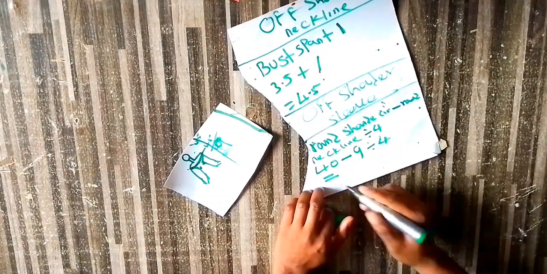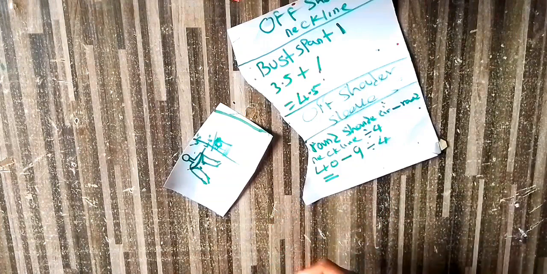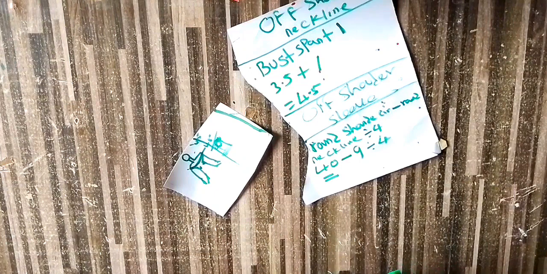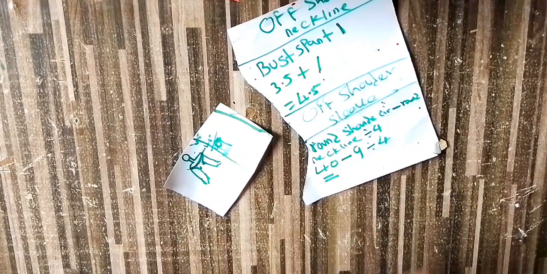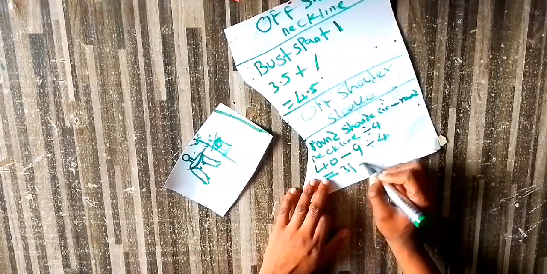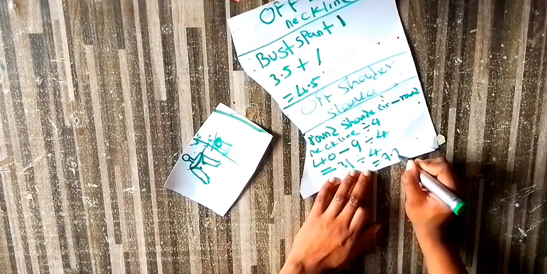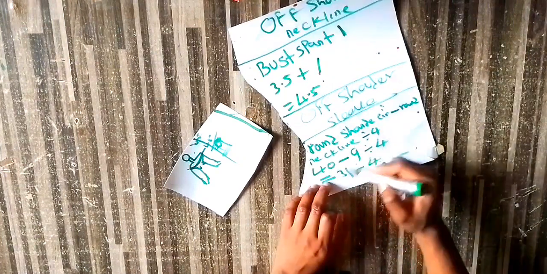So the formula is your round shoulder circumference minus your round neckline, divided by 4. That is the formula. So your 40 inches minus 9, divided by 4. So 40 inches minus 9, in my own case, is 31 inches. So 31 inches divided by 4.